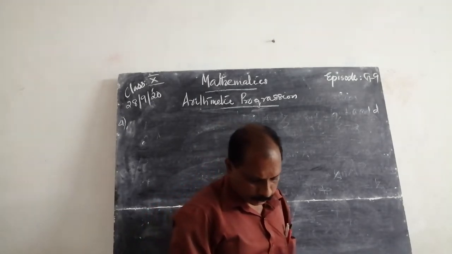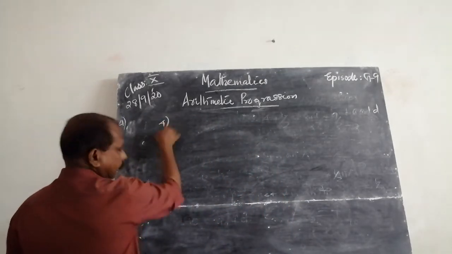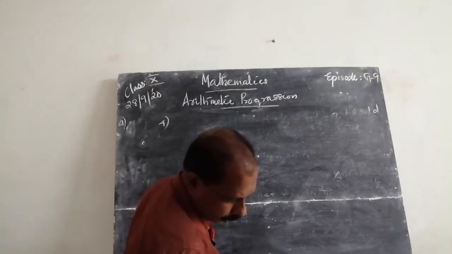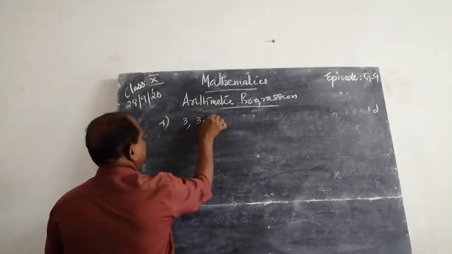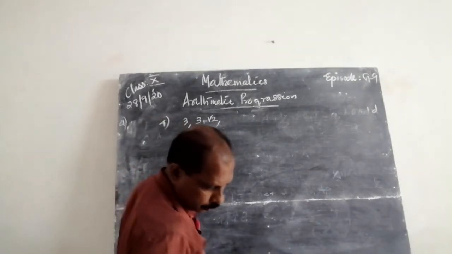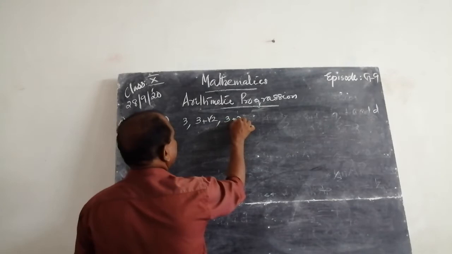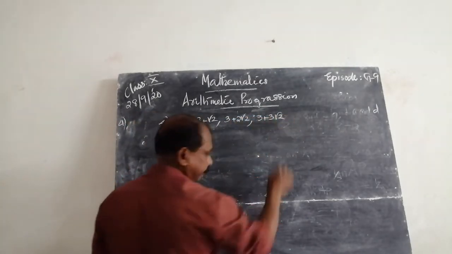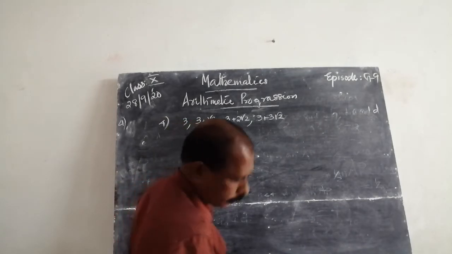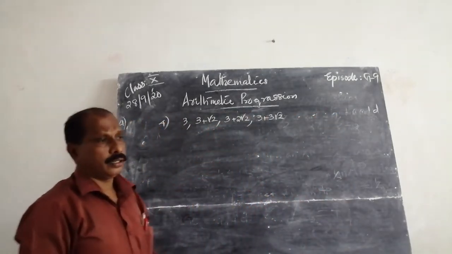Then the fourth question is 3 plus root 2, 3 plus 2 root 2, 3 plus 3 root 2, etc. Root 2, root 3 etc. are irrational numbers.